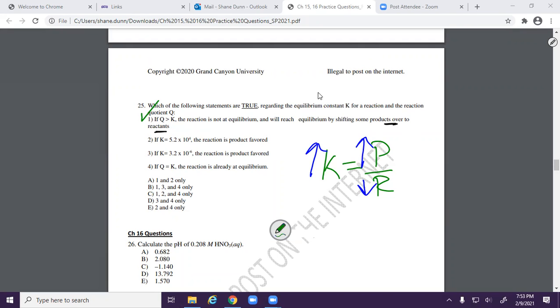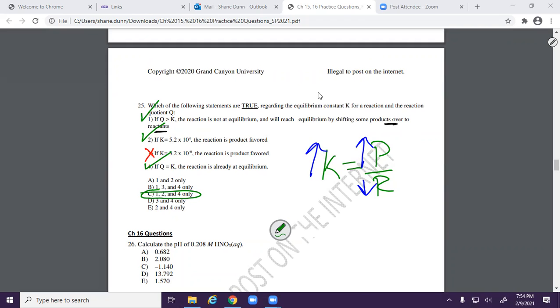So 2 is true. If your K value is small, you're favoring your reactants, not your products. So 3 is wrong. If K and Q are equal to each other, they're at equilibrium. So 1, 2, and 4 are correct. Is there an answer with 1, 2, and 4? C is the right answer. Does that make sense?